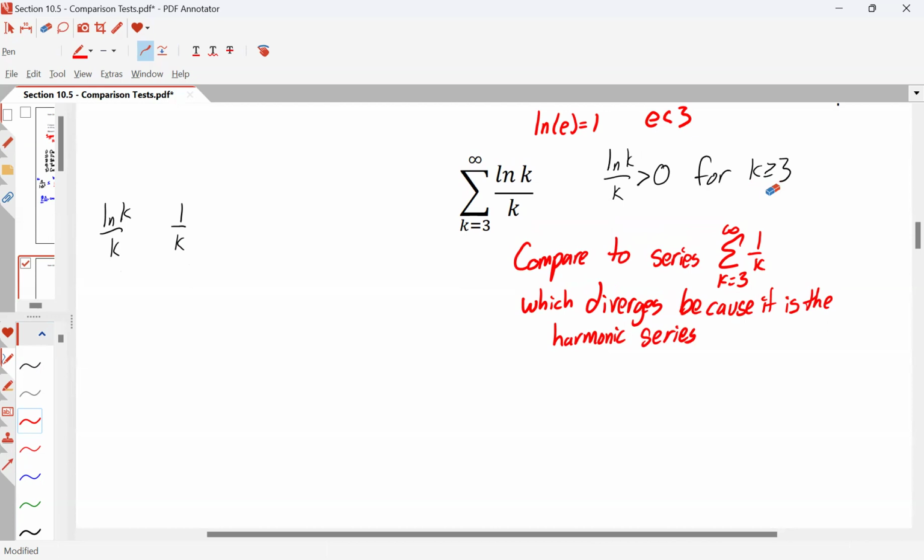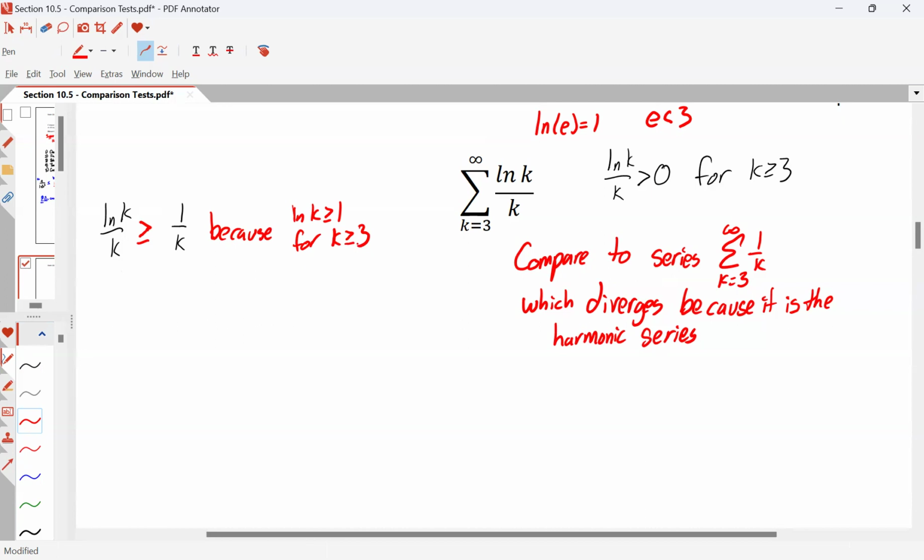So natural log of k over k is bigger than 1 over k, because natural log of k is bigger than 1 for k bigger than or equal to 3.